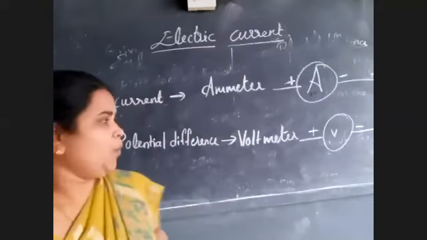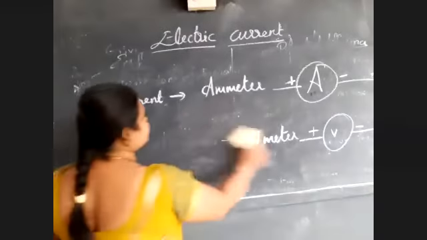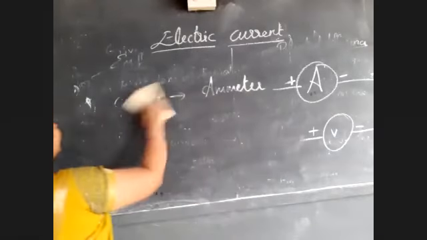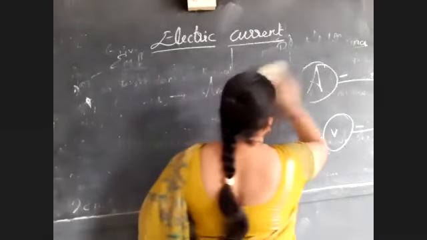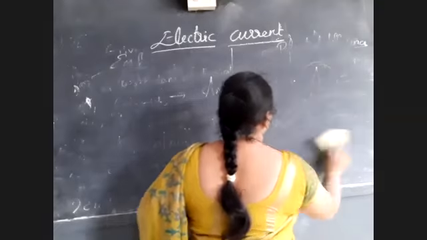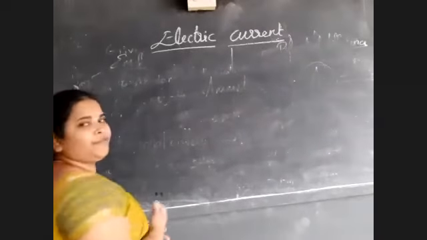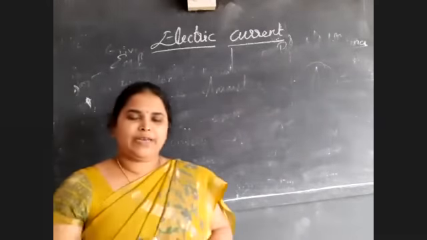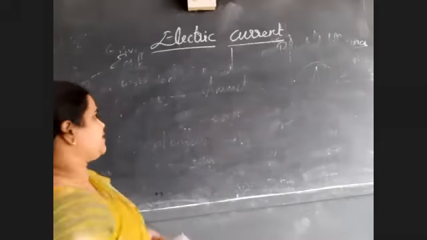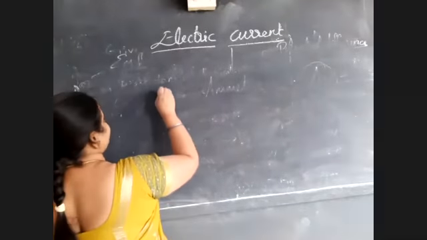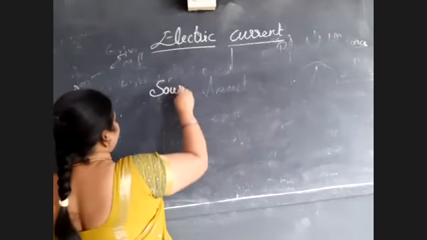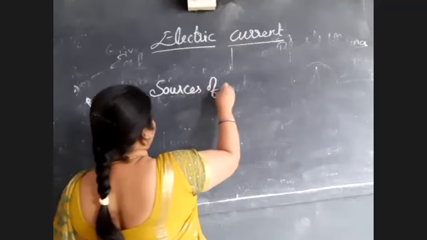Okay. Now, what are the different sources of EMF? We have discussed about EMF, right? We have known what is EMF and what are the differences between EMF and potential difference. Now we will see what are the sources of EMF.